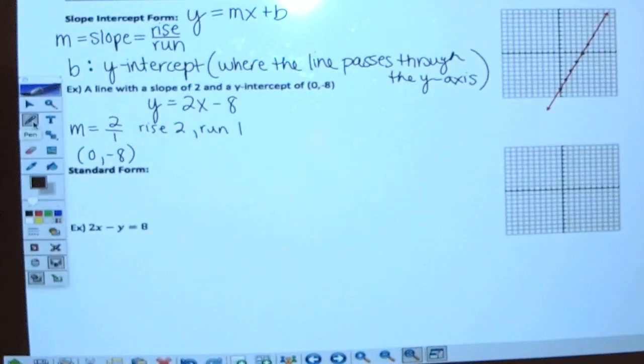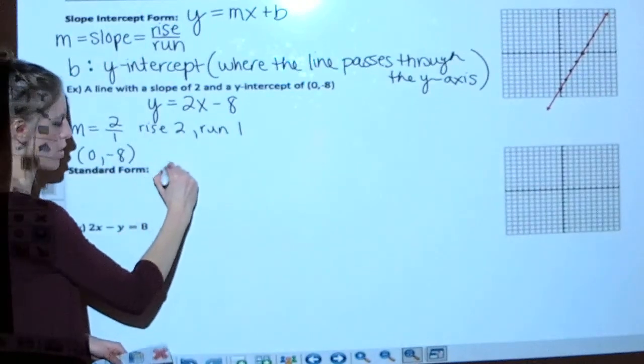Wait. No. You good? The -8 is where we start, right? Right, that's the first point that we make on the graph, and then we go up from there, up 2, over 1. Okay, next is standard form, and this is the type you might see the least often, but you'll still see it some, so that's why we're going to go over it.